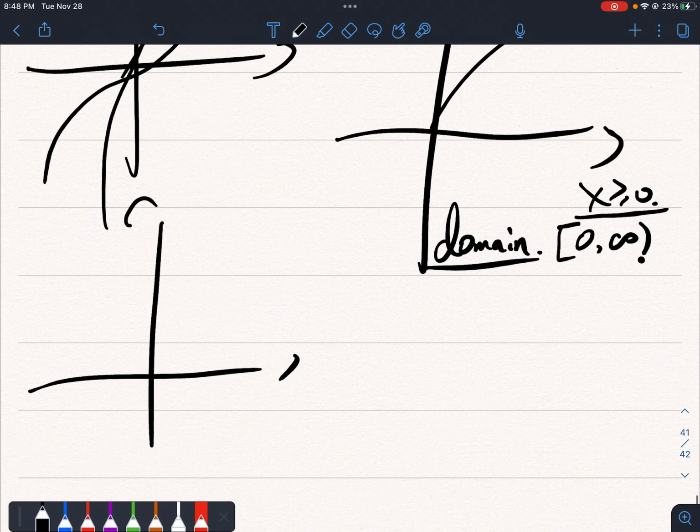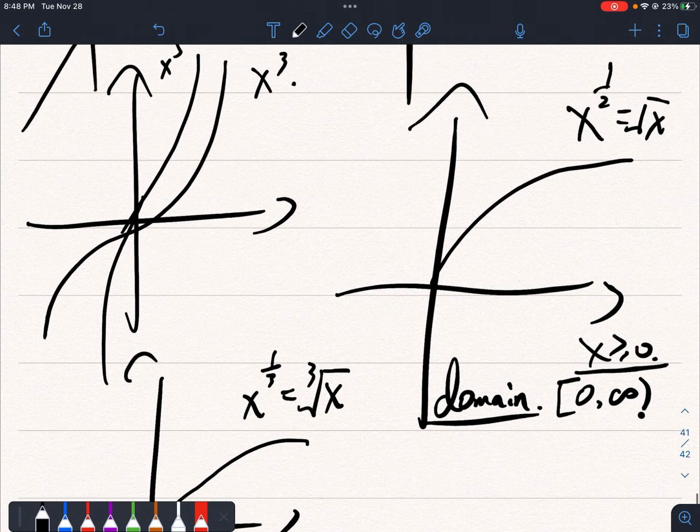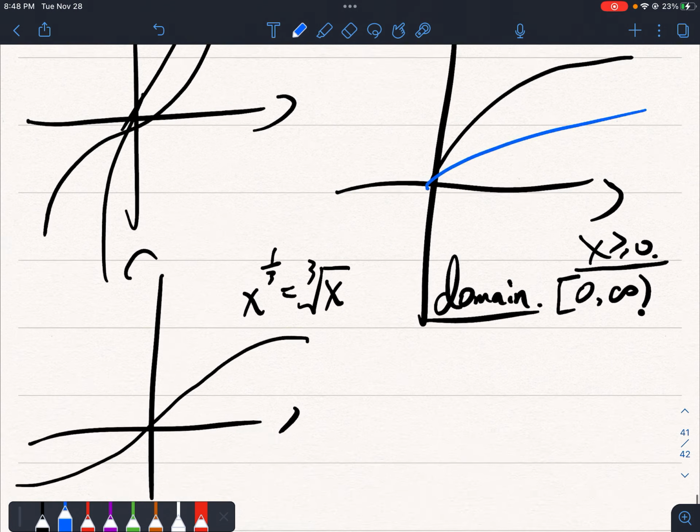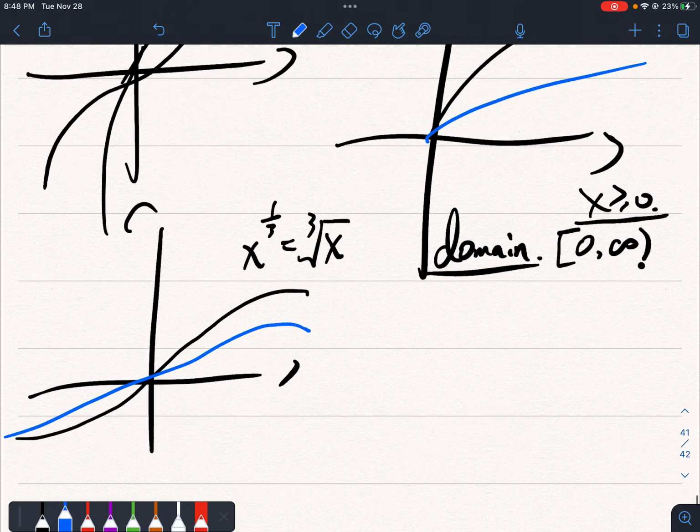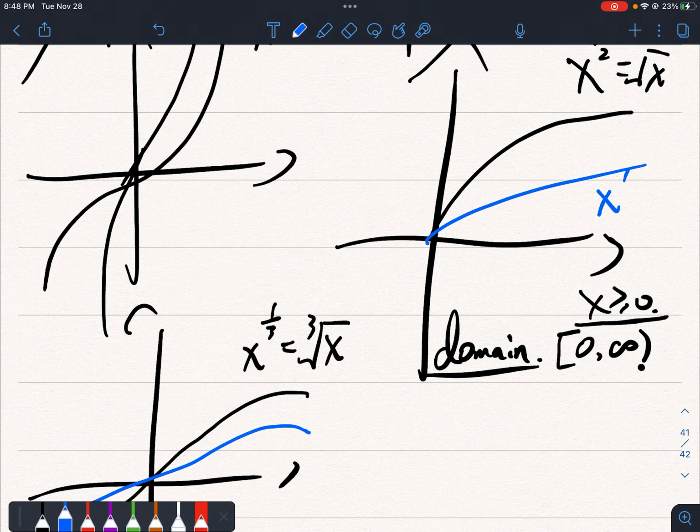But when you look at x to the 1/3, which is the cube root, you can define the cube root of negative numbers. So the domain again becomes the entire real numbers. So this is cube root of x. And you can define the 4th root of x, and then the 5th root of x like this. Okay?